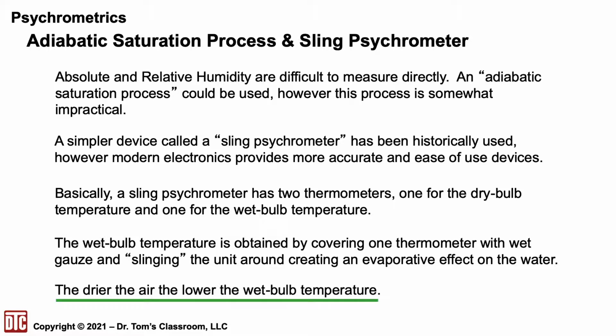And the drier the air, the lower the wet bulb temperature is going to be. And so if you think about that for a second, that makes sense. If I start off with air that's at 75 degrees and pretty moist, I really can't add a lot of water to the air before I reach saturation, and so I can't cool it much.